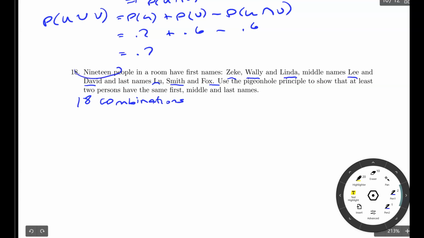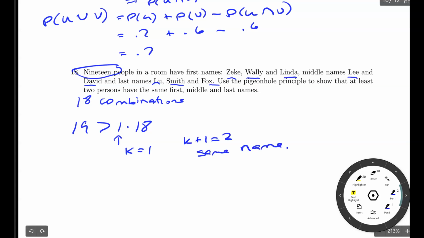And I've got 19 people. So I've got 19 people, and that's going to be just 1 times 18. And so that means my K is equal to 1, right? So I can have all the different people or all the different combinations laid out. And so that must mean K plus 1 or 2 have to have the same name. Complete name, first, last, and middle.